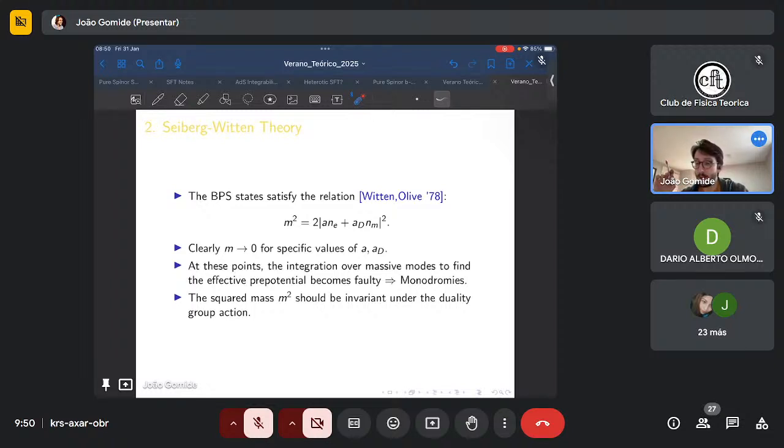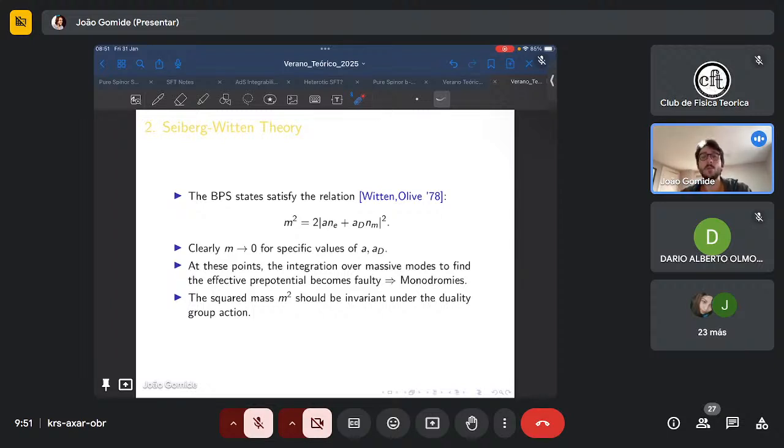And this Z generator allows you to have a set of states in the theory which is very special, because these are massive states, but they live in a short multiplet.